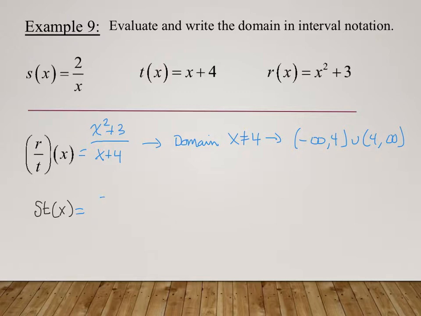Well, I have 2 times x plus 4 divided by x, and in this particular case this implies that the domain, where's the restriction? X cannot equal 0, so my domain is going to be negative infinity to 0, union 0 to infinity, right?